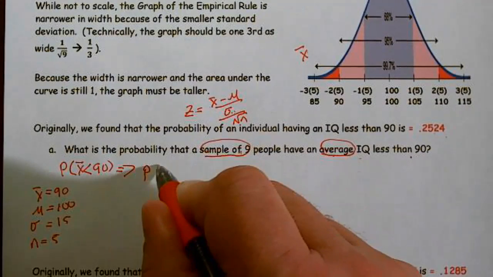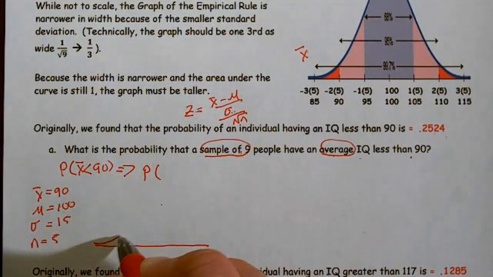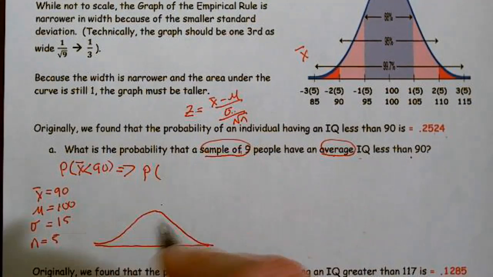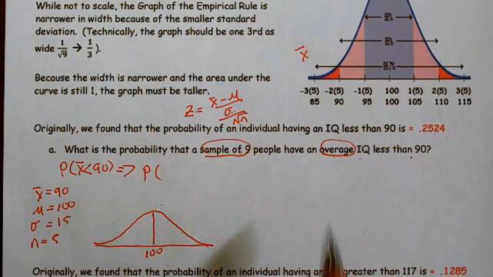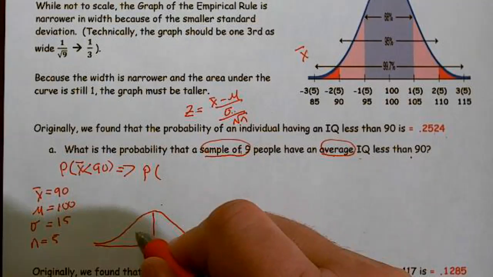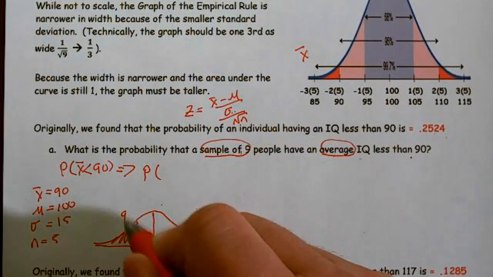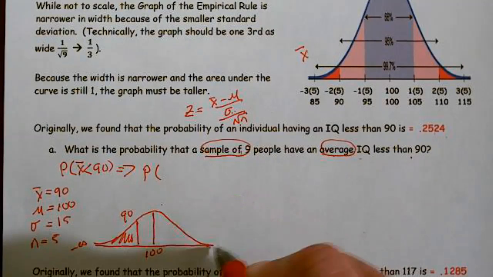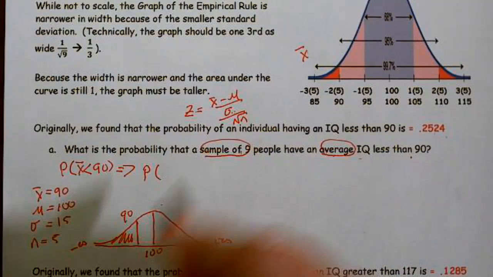Now we're going to use this formula, and I'm going to plug in. So the probability, I should go ahead and draw this out before I forget about it. We have a mean of 100, and we want to know the probability that the IQ is less than 90. So our graph looks essentially the same. Technically, I should have made it taller, but I'm not that good of an artist, so I don't worry too much about it.